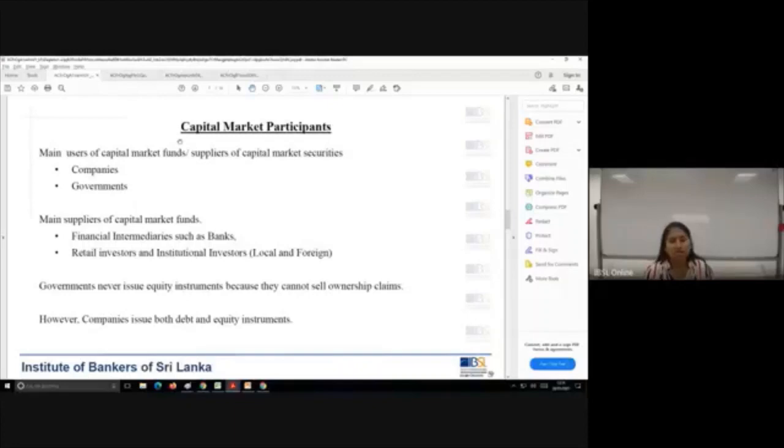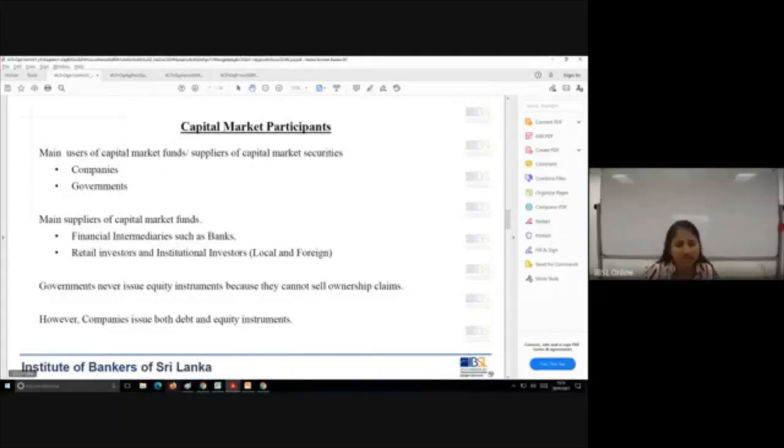Now, who are the participants in a capital market? In a capital market, who are the users of the capital market funds? Who are the suppliers of the security?